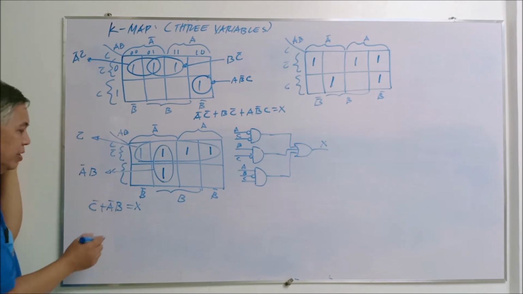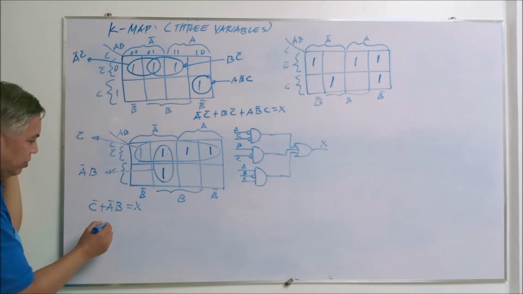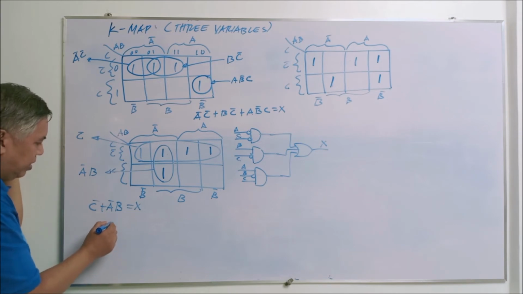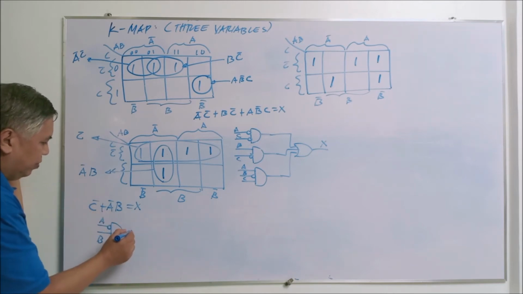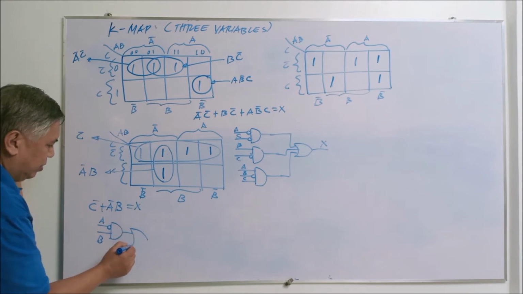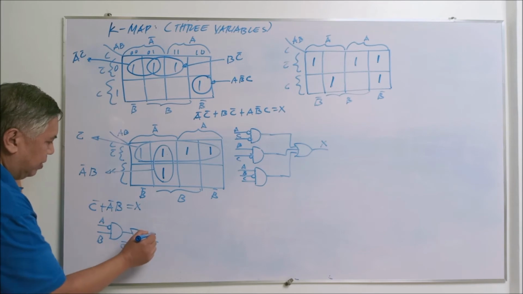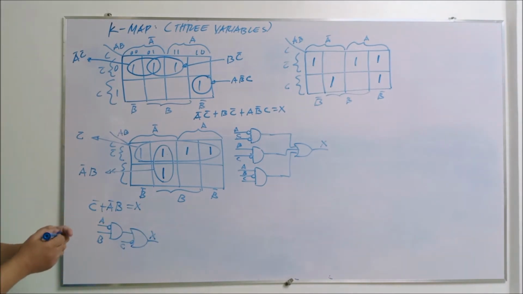So what will be our logical circuit equivalent? You have A bar B, and this is being ORed to C complement. That will be your X.